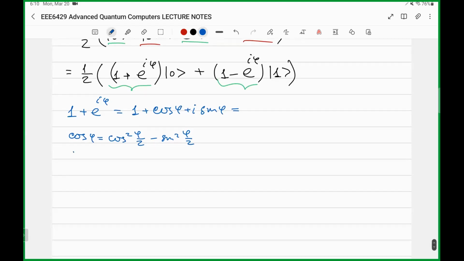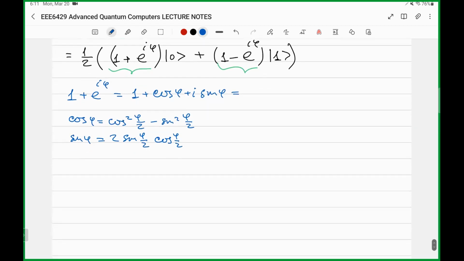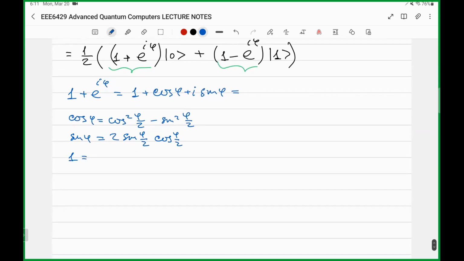And similarly, sine phi is 2 sine phi over 2 times cosine phi over 2. Is that right? Yeah, it looks right. And finally, unit is nothing but cosine square phi over 2 plus sine square phi over 2.